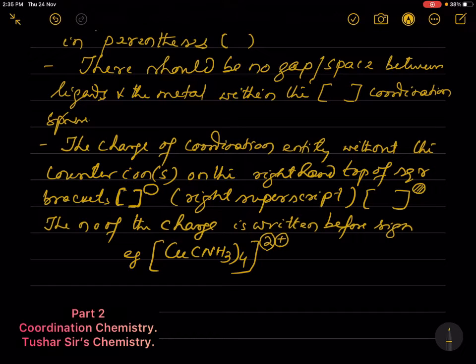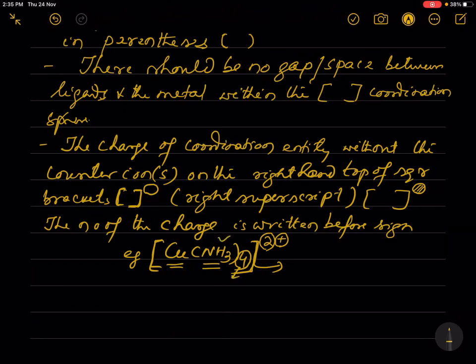This is the square bracket, or coordination sphere, this is the metal atom, this is the ligand, and this is the coordination number. If it is monodentate, the coordination number is easy to find. Otherwise, we have to find the number in a particular process.